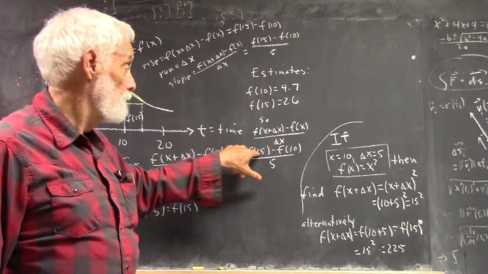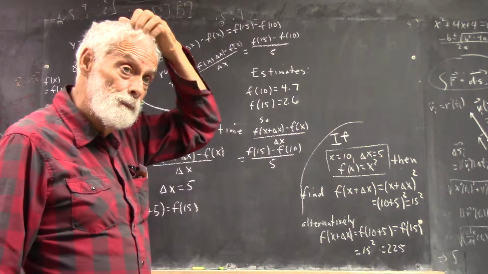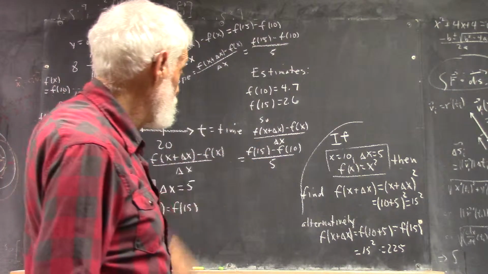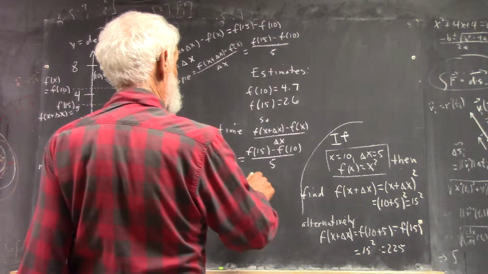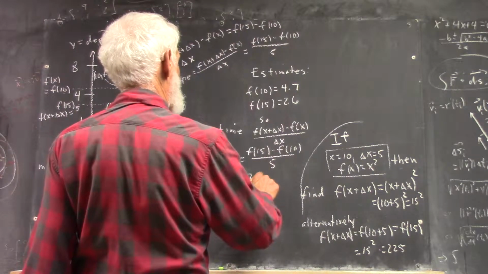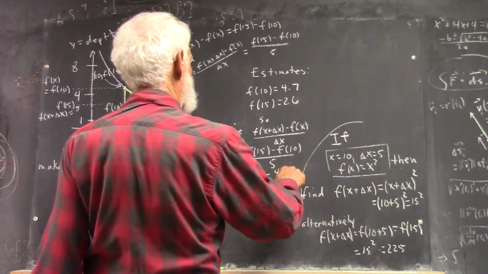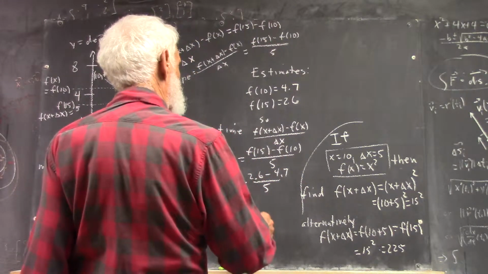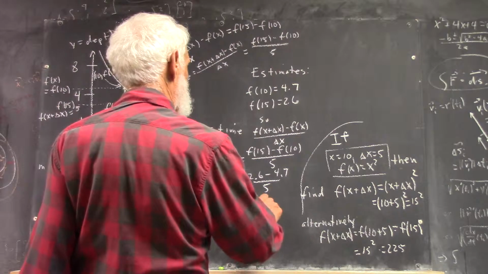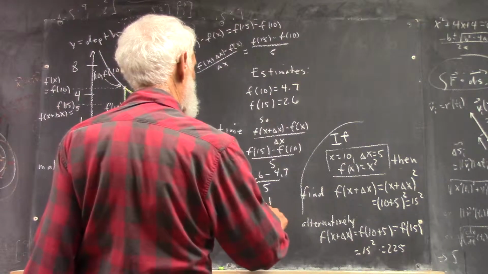So I got f of 15 minus f of 10. And dividing by delta x, that's 5. And then I just use my estimates. I get 2.6 minus 4.7 over 5. And that equals negative 2.1 over 5.